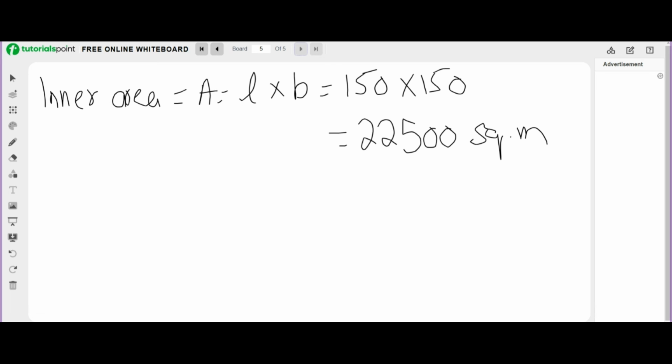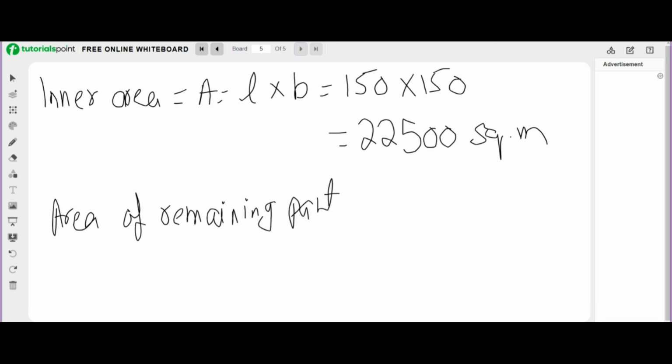Now find the area of the remaining part, the road area. Very good. The remaining part is the outer area subtracted by the inner area.